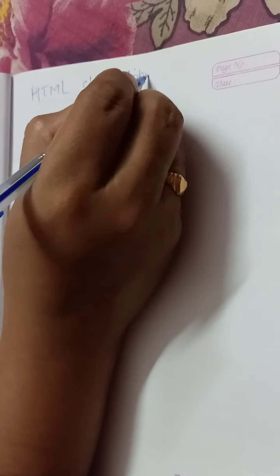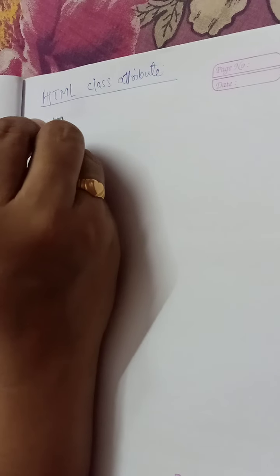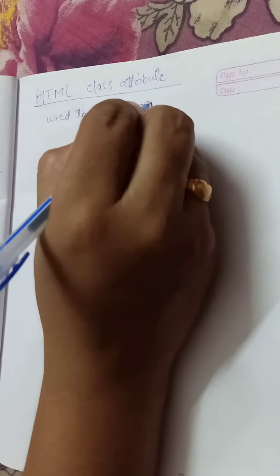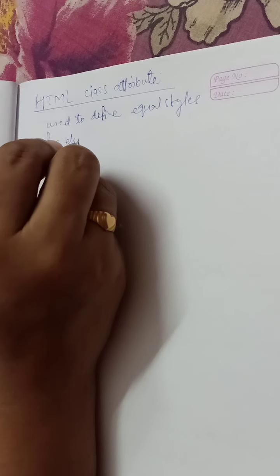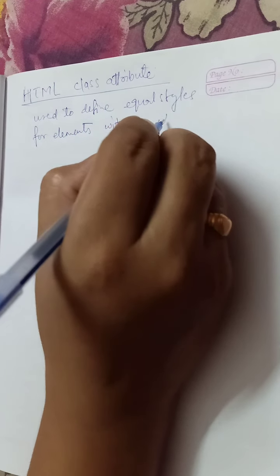Good morning all. So today we will be discussing the HTML class attribute. The class attribute is used to define equal styles for elements with the same class name.